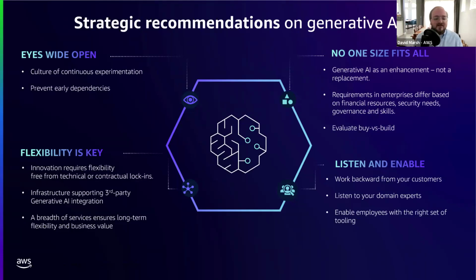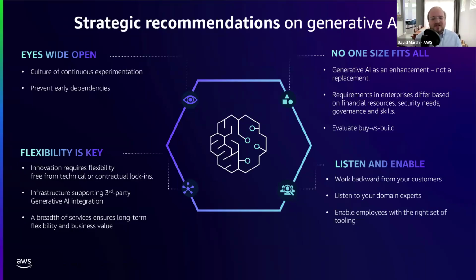So the first is to understand that generative AI is moving along rapidly. And this is the year of moving from proof of concept in generative AI to production, but it's still a technology that's in very early stages. So building a company culture for continuous experimentation is going to be critical to being able to evaluate different models and understand how generative AI can actually drive your organization forward and help you meet those business goals.